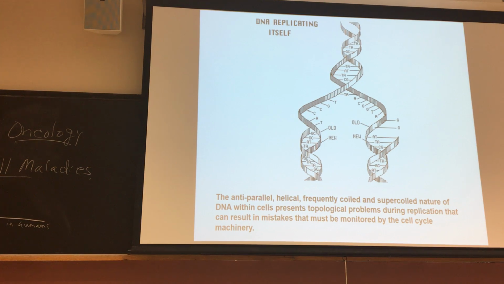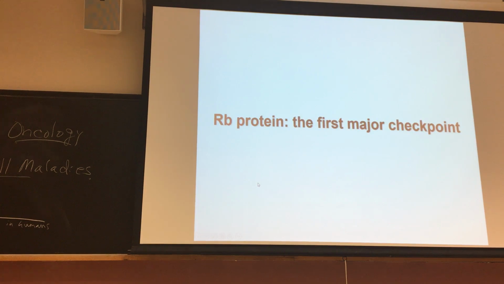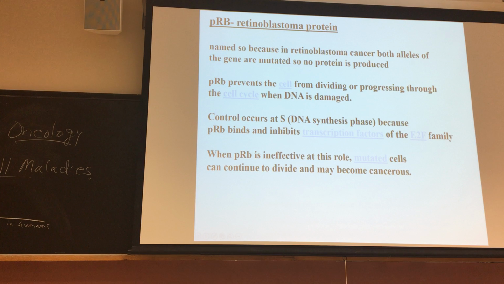Okay, this is just showing you another view of the same thing. First step. The retinoblastoma, the actual condition, only occurs if both alleles of the gene, remember we have 2 sets, are mutated so no protein is produced. So you can get by with one mutated, one non-mutated.